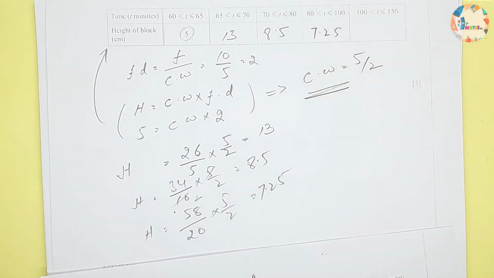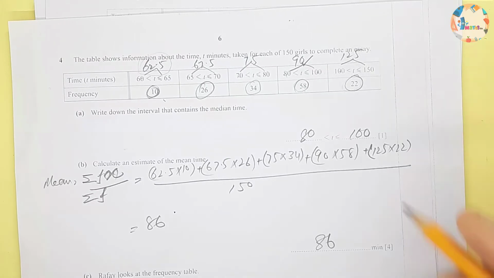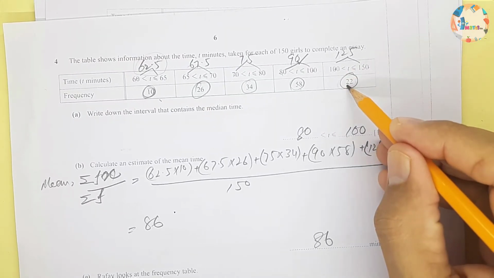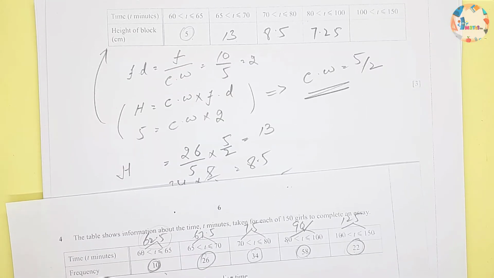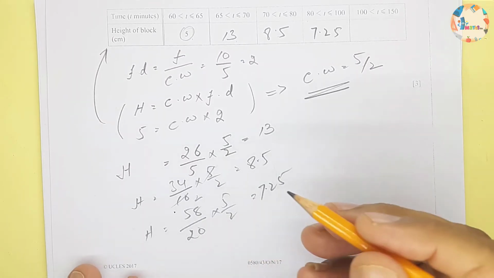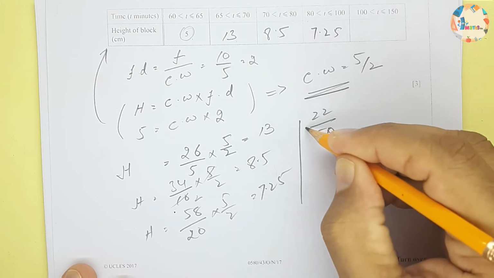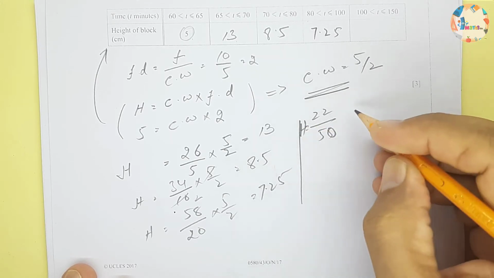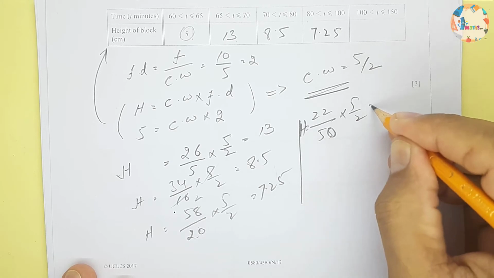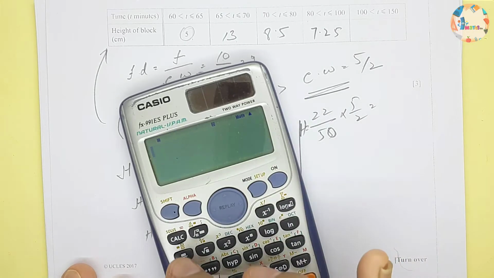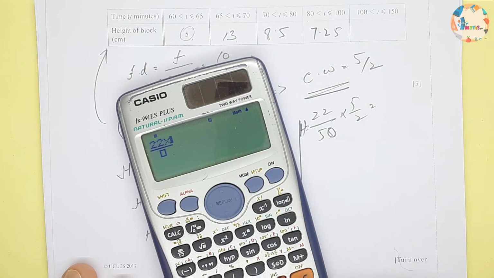And the last height we have to calculate is from 100 to 150. This is 22. So 22 divided by the class width, which is 50. So we will calculate 22 divided by 50, and this is height again. So this will be multiplied by 5 by 2, and this will be simplified as 22 multiplied by 5 and divided by 50 into 2, and this will give us 1.1.